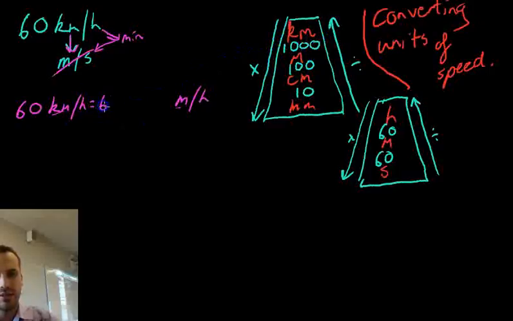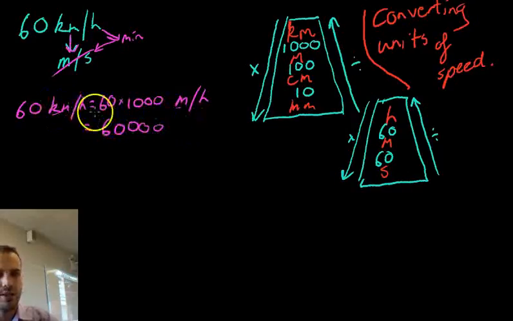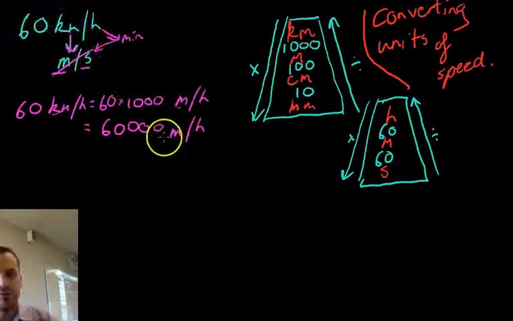So this is going to be 60 times 1,000, which is going to be 60,000, which means that 60 kilometers per hour is the same as 60,000 meters per hour. Now, we don't want to convert to meters per hour, we want to convert to meters per second, but we're at least one step closer because we've converted kilometers to meters.